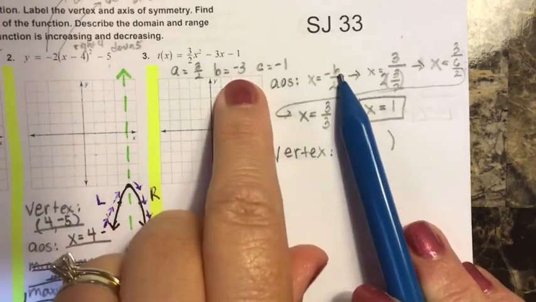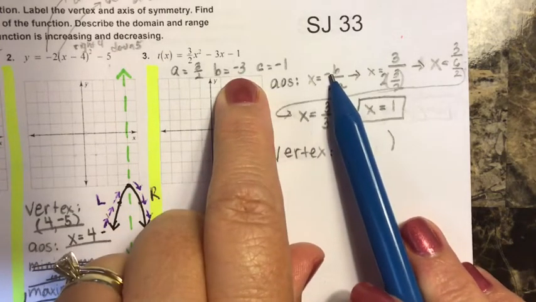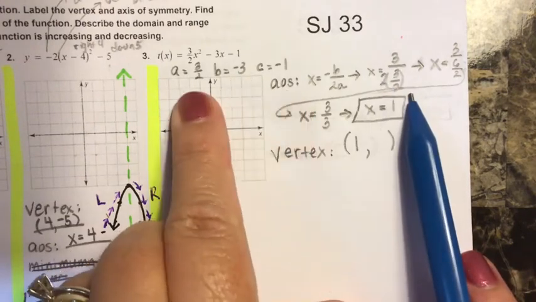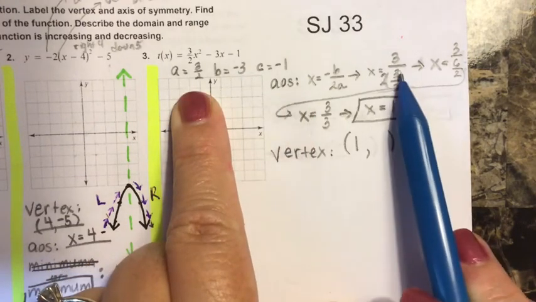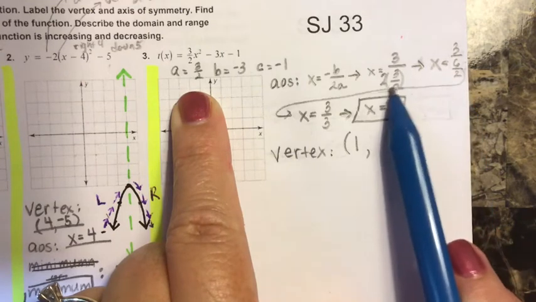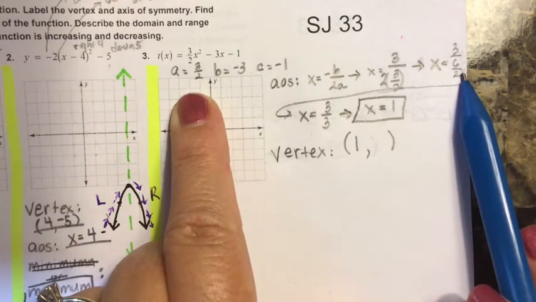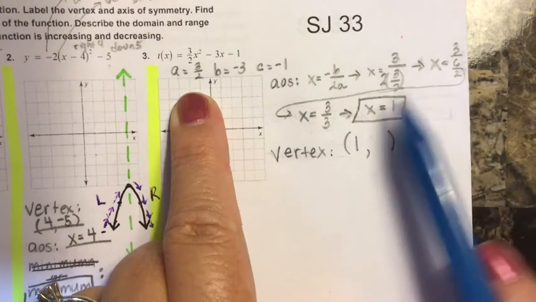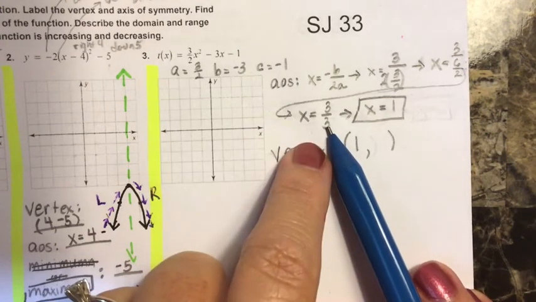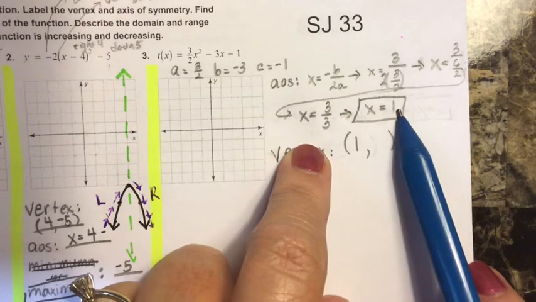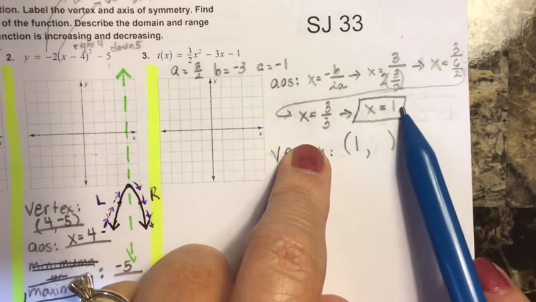Negative b would be -(-3), which is 3, over 2 times 3/2. I multiplied 2 times 3/2 and got 6/2. I simplified 6/2 to get 3. Then 3 divided by 3 is 1. So the axis of symmetry is x equals 1.